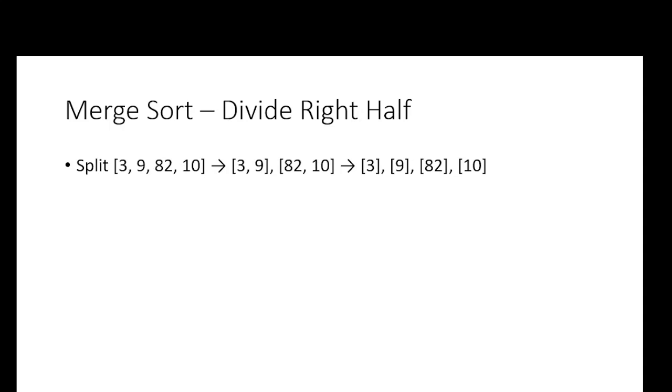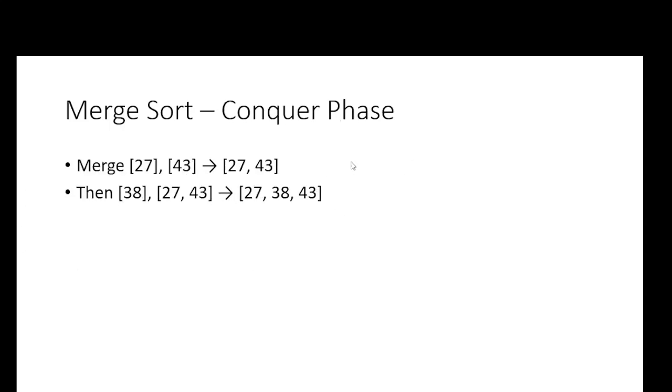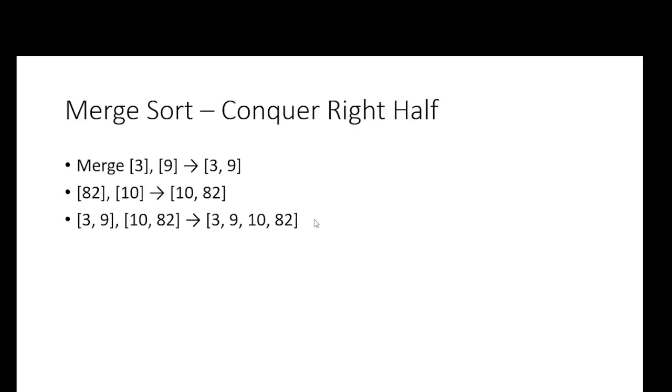So here also I am splitting level by level. Now when I have to sort, 27 and 38 were at one level, so I sorted it. Then these three were at one level, 27, 38, 43. Now I have the left side of the list ready. Similarly, 3 and 9 are put as it is, and 82 and 10 become 10 and 82.